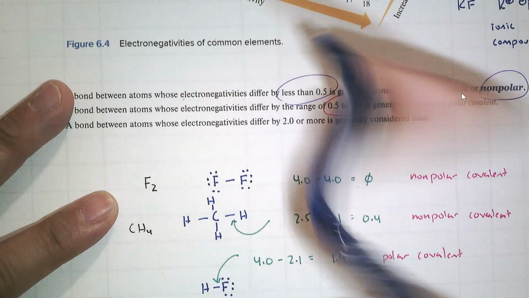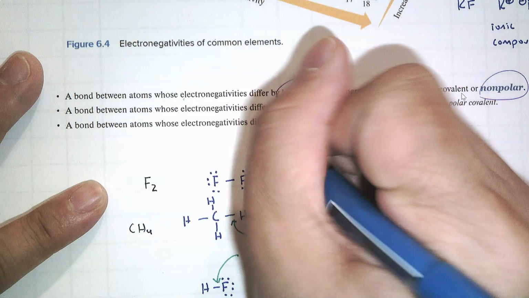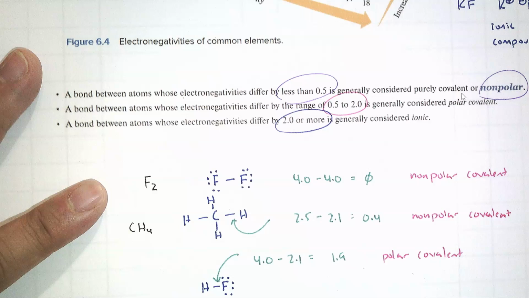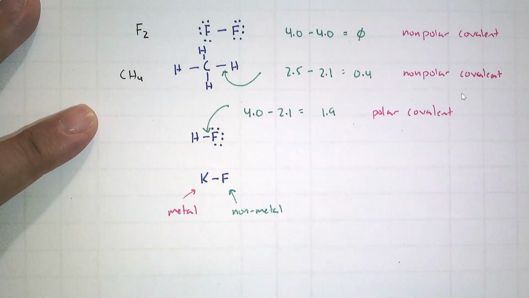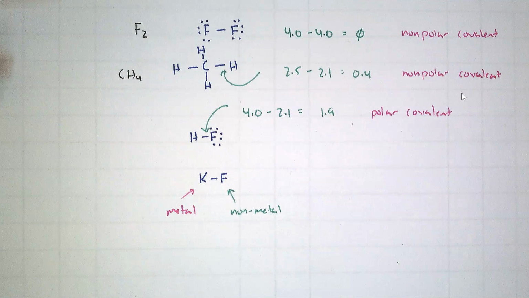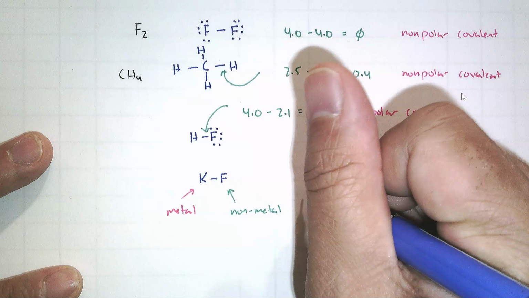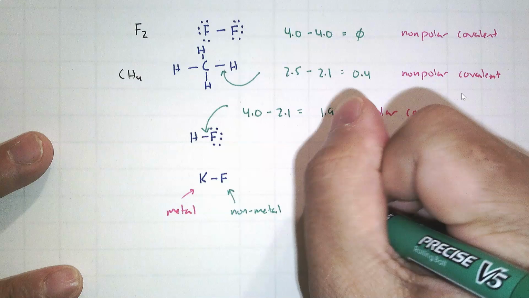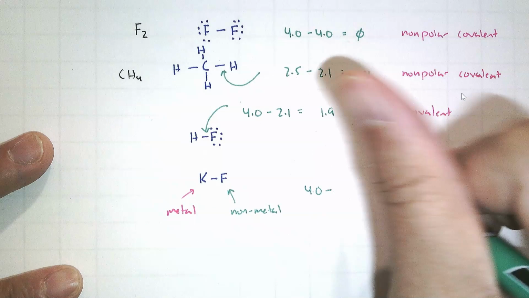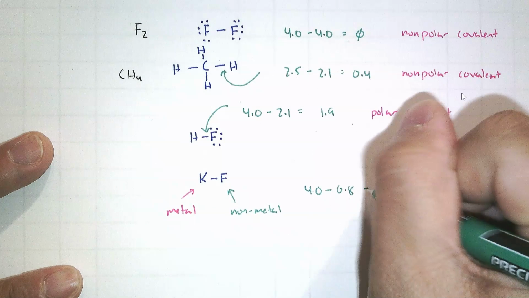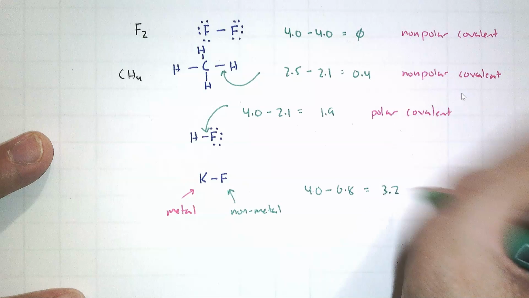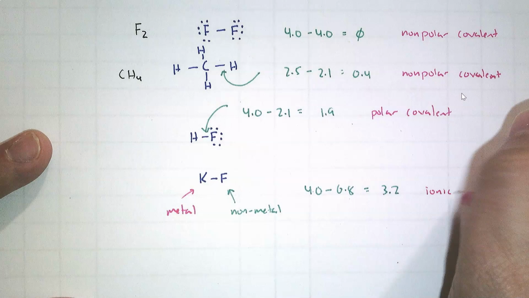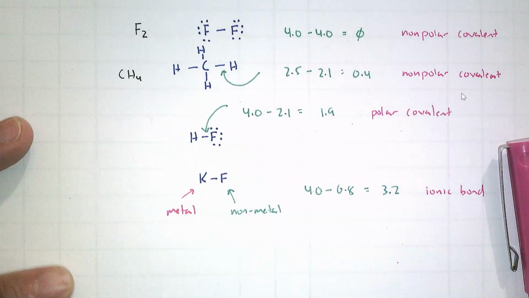Because an ionic bond is where the bond is between two atoms where the electronegativities differ by 2 or more. K, I'm reading from the chart, is 0.8. So F is 4.0, again, minus K, which is 0.8, and that is 3.2. That is an example of an ionic bond.